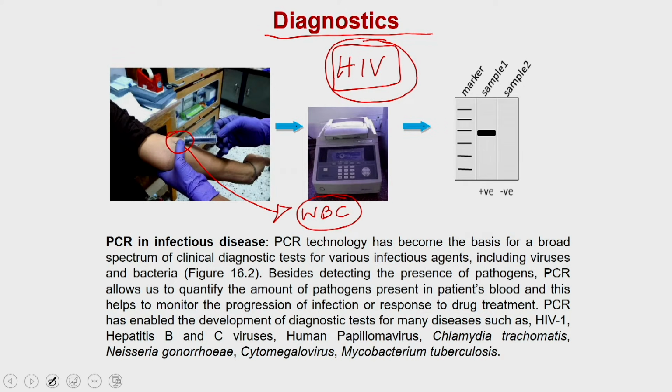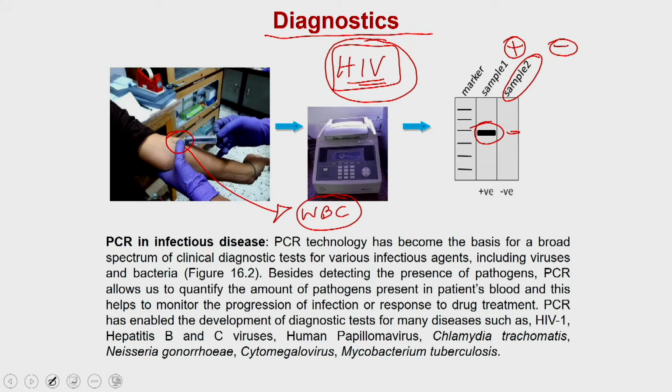You have site specific primers which you can use to amplify the viral DNA, and if the sample shows a PCR product for the virus DNA, then the sample is considered to be positive. If it shows a negative result, then it is negative for the particular disease.